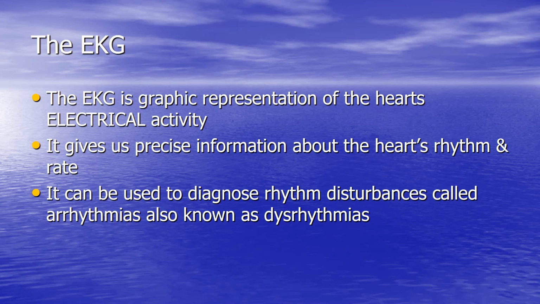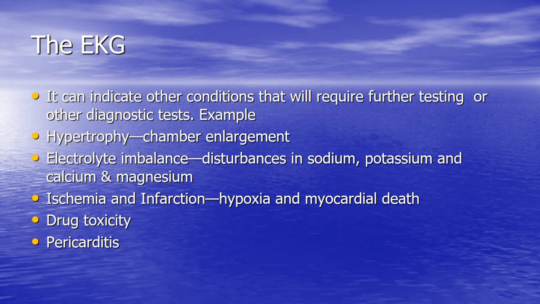The AV valves close because the impulse gets conducted down the AV node and the bundle of His. Then the ventricles contract from the bottom up, from the apex upward, and push the blood out of the heart into the arteries, the aorta and pulmonary artery respectively, past the pulmonary and aortic valves.